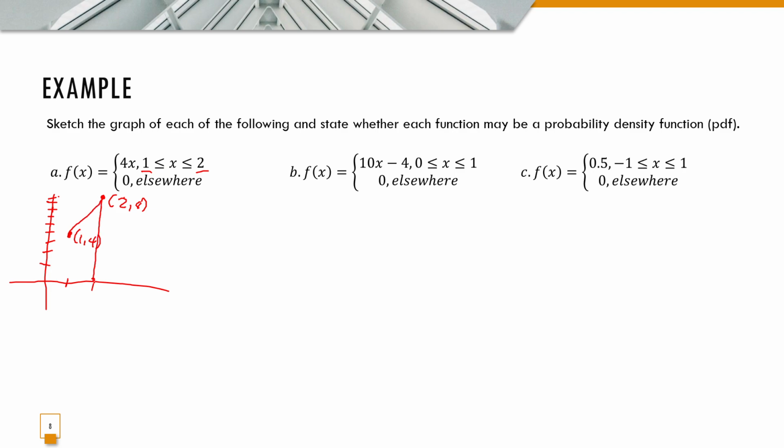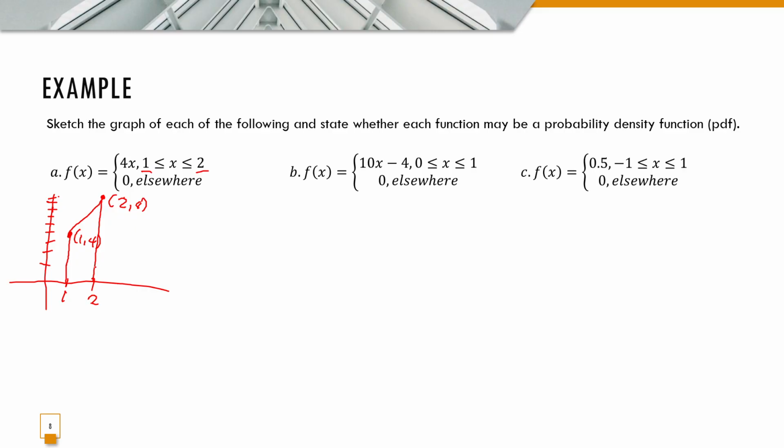Within this interval we need to have the probability, that is inclusive 1 to 2. Beyond this interval, the probability density function is 0 elsewhere.